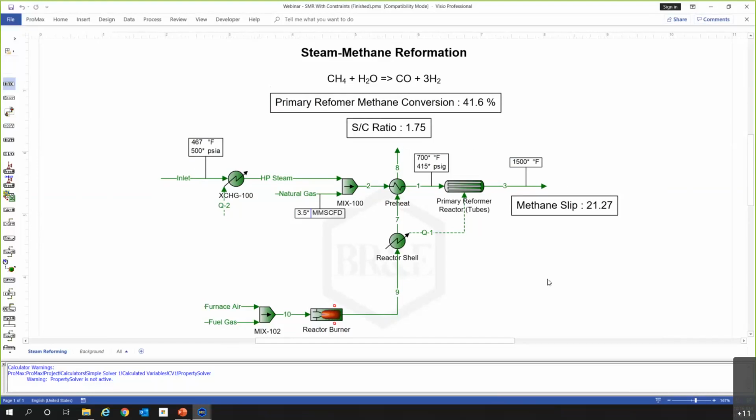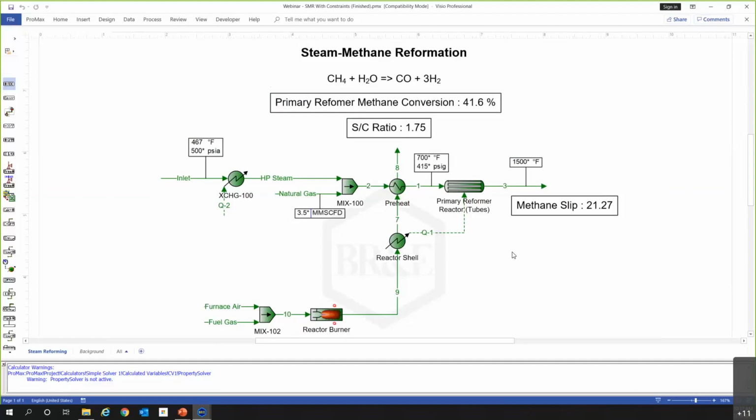Okay, so how we're going to solve this problem that Refinery A is having. We're going to take one approach, but we're going to follow two different steps. The first step is we want to calibrate our ProMax reactor, this primary reformer, to match our plant data. If we just go in and set up a normal reactor in ProMax using Gibbs minimization, that's going to mimic a perfect reaction that goes to equilibrium.